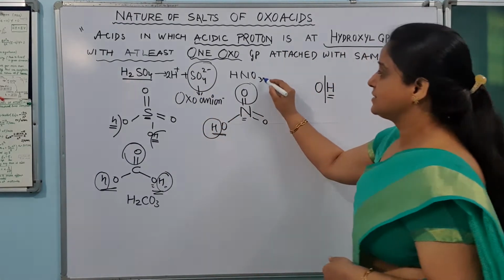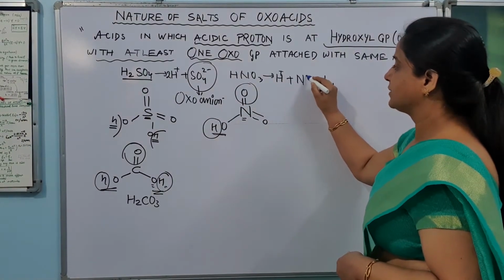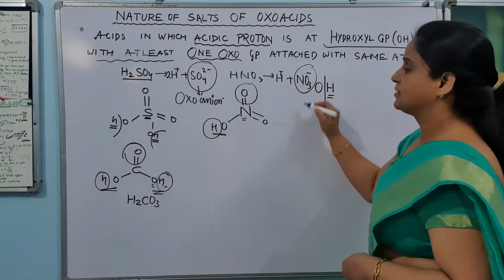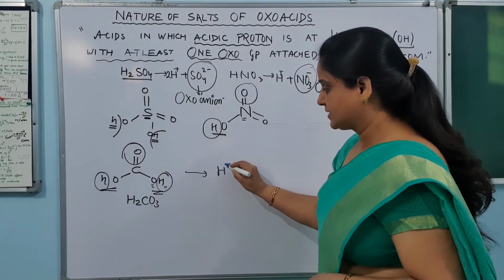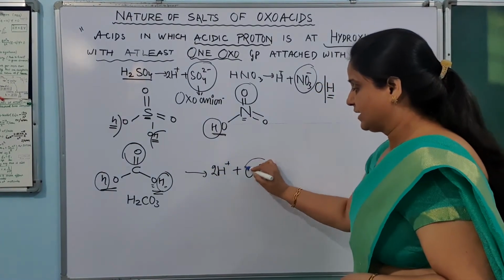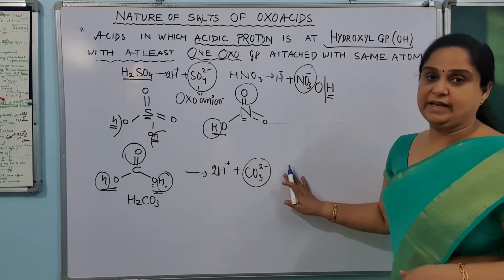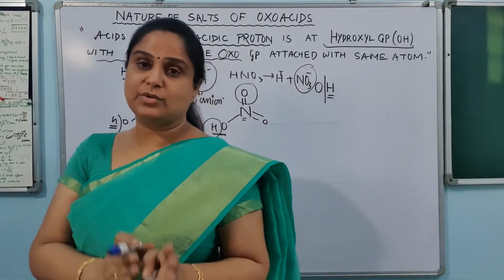This is going to give you H plus ion and nitrate ion. This is an oxo anion. This is going to give you H plus ion and CO3 2 minus ion. This is an oxo anion. So oxoacids dissociate to release protons and oxo anions.